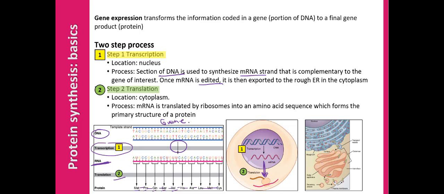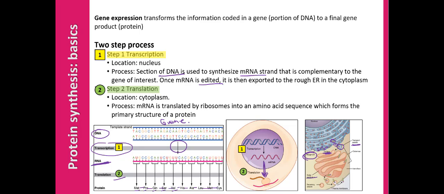Translation occurs in the rough ER with the help of ribosomes. And after the protein is made, it gets packaged into transport vesicles to enter into the cis phase of the Golgi apparatus.